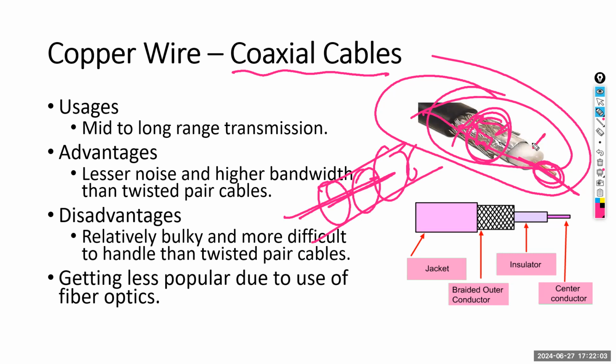And this is the insulator, to prevent interference. So you have the central conductor, then the outer conductor, which is sort of a mesh, and an insulator isolating the inner conductor from the outer conductor. And then the jacket, which is another insulator.